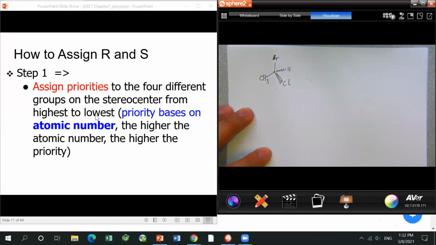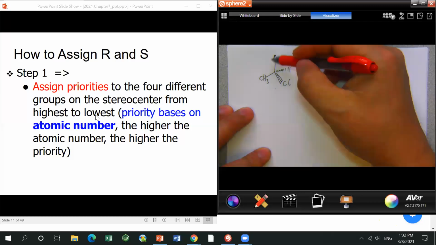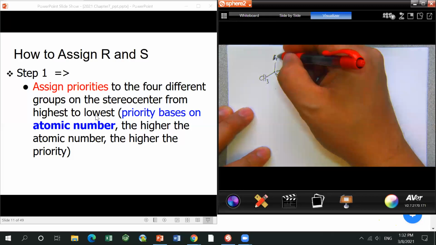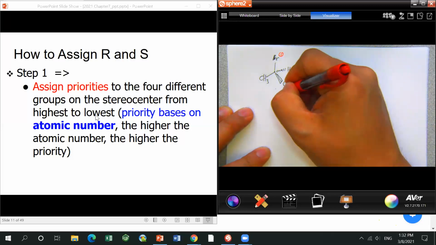The first step is to assign the priority of the four different attachments. This priority assignment is the same as the E/Z priority assignment, so it goes by atomic number: higher atomic number, higher priority. So Br definitely has the highest priority because it has the highest atomic number, followed by Cl, and then followed by this methyl.